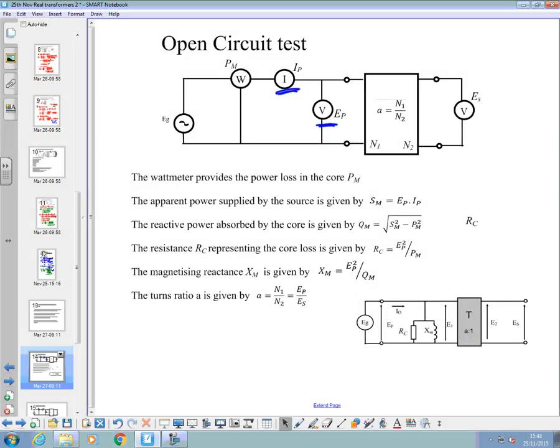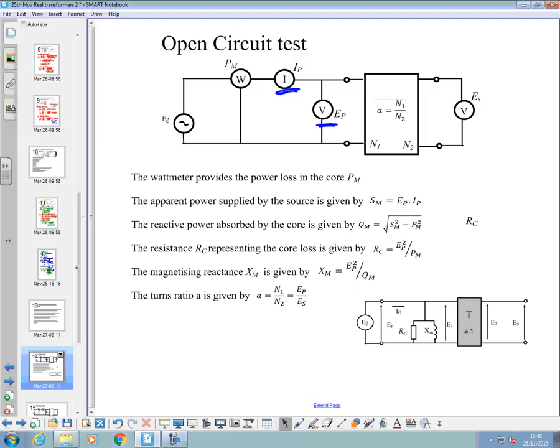So this is different to that previous example, where we used the nominal primary and secondary voltages to determine what the turns ratio should be. This is finding out practically, to as near as we can, what the turns ratio actually is. Right? So we use the two measured voltages to do that.